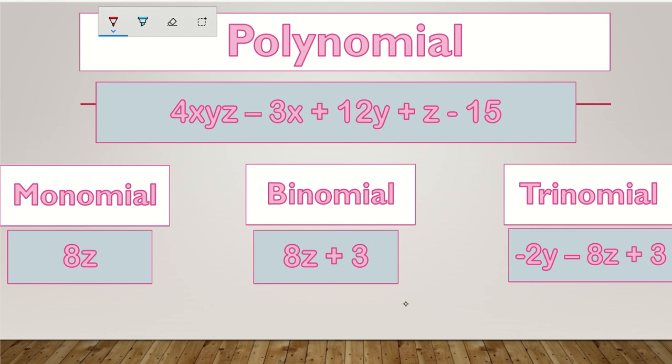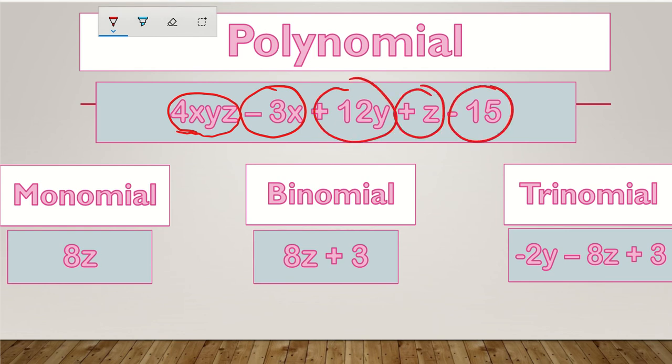A term is anything that's separated by a plus or a minus. We have the 4xyz, the 3x, the 12y, the z, and the 15. If I count them, I have 1, 2, 3, 4, 5 terms. So when we put everything together, we call it a polynomial.